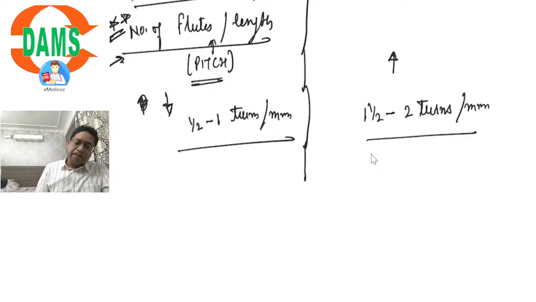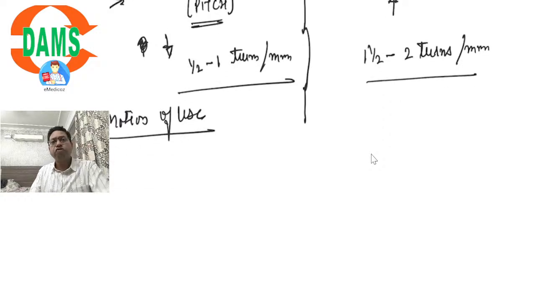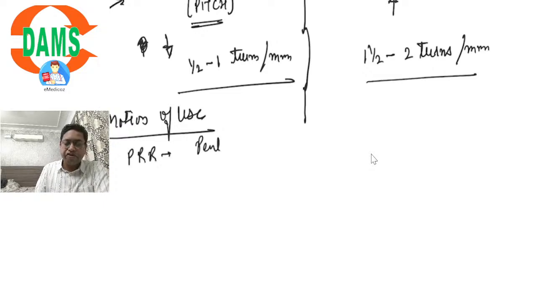And motion of use. If we talk about the way in which the instruments are used, the motion of use. For the reamer, the action is PRR, that is penetration into the root canal, clockwise rotation, and retraction.